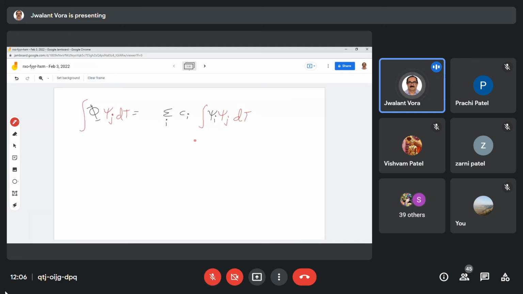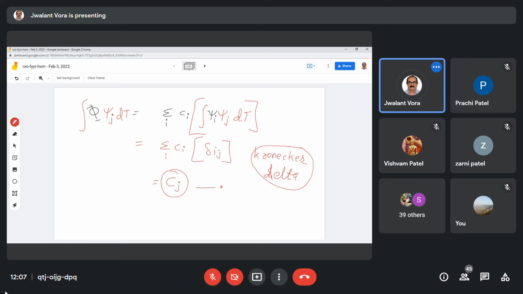So this is equal to summation over all i ci into this integration is equal to Kronecker delta ij, and then this is equal to another constant, say this is equal to cj. Let this be equation number 3.